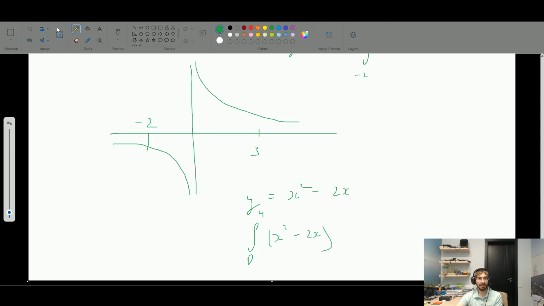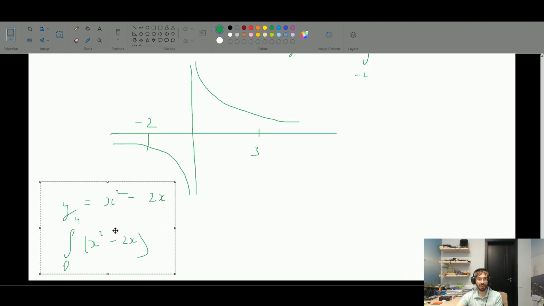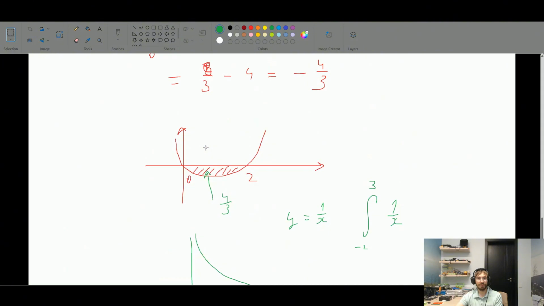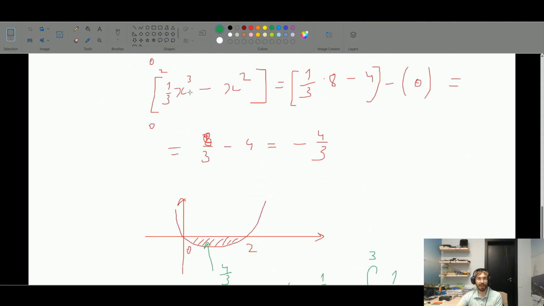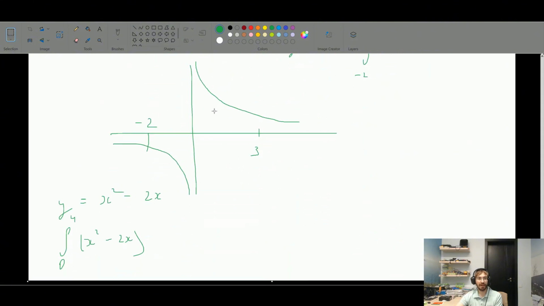Well, the result of the integration will be 1/3 x cubed minus x squared. At first glance, nothing prevents you from putting here 0 and 4.